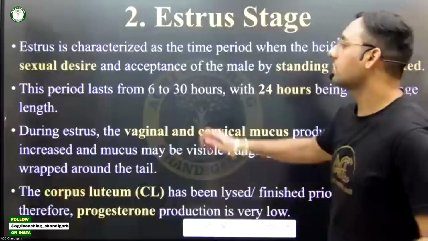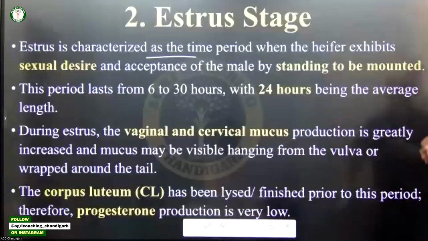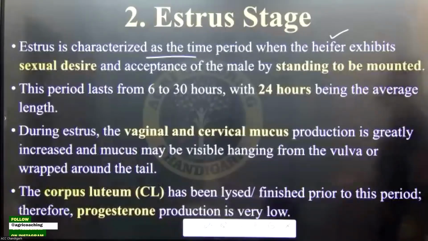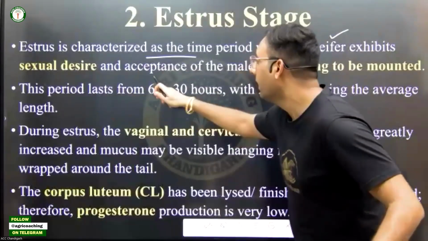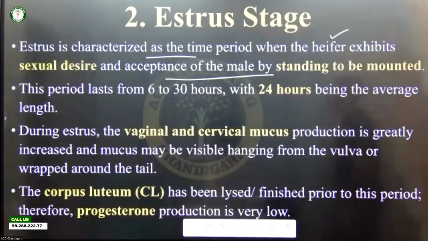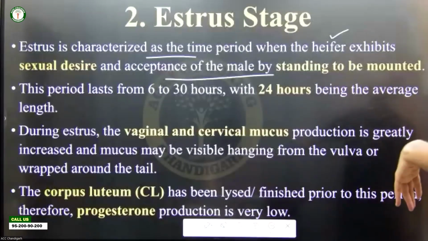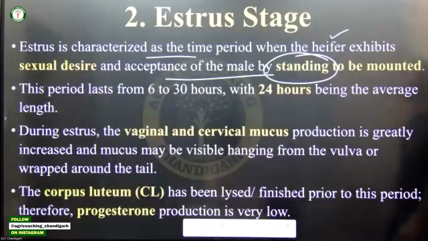In case of estrus, estrus is characterized as the time period when the heifer, do you know what is heifer? Obviously yes. So heifer will exhibit the sexual desire and acceptance of the male by standing to be mounted. Now the female is ready. If the male is trying to mount on the female, the female will stand there only.